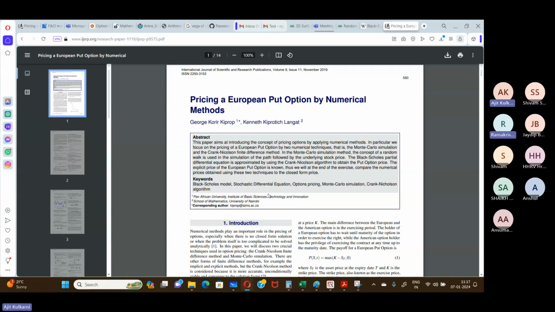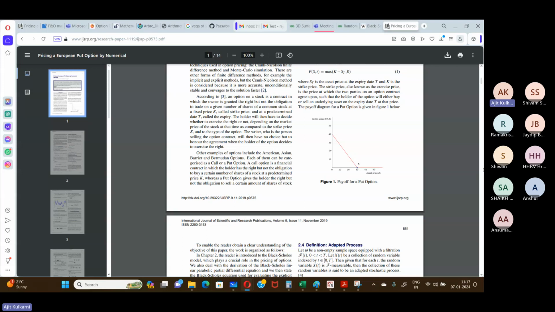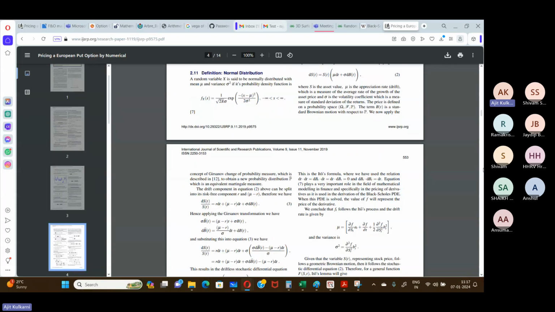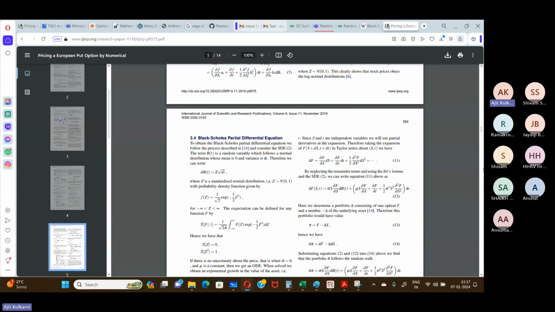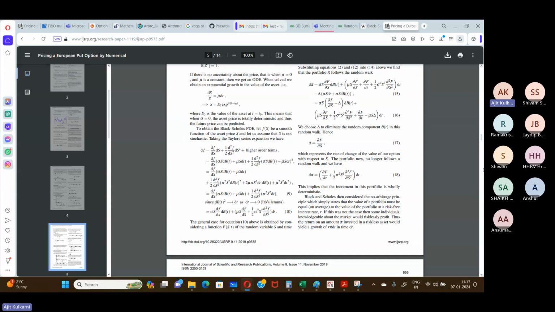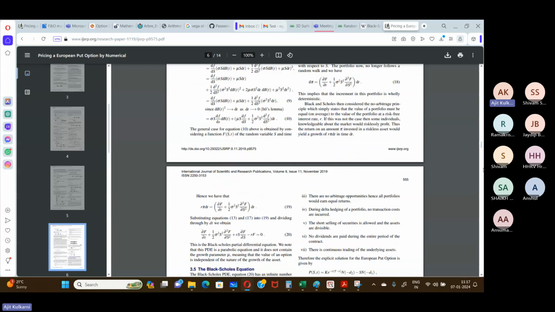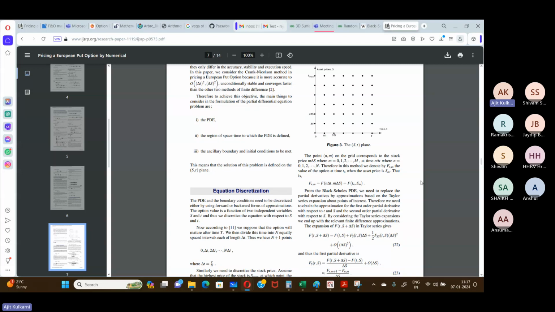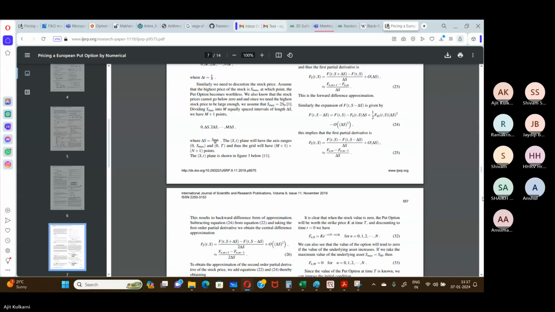So for example, this kind of method is discussed here. You can also follow some papers if you want. You can use your own notations and come up with this. But there is a discretization scheme, and how you traverse back in time, they have mentioned.